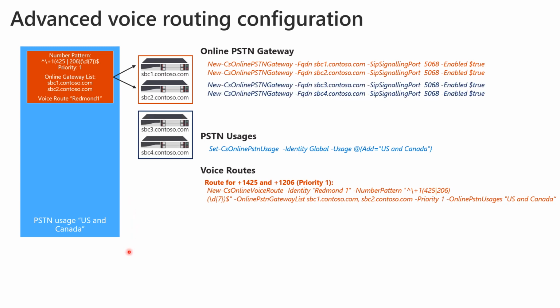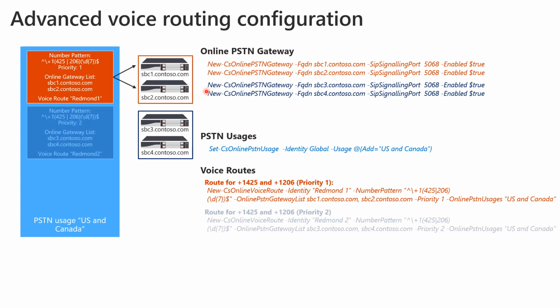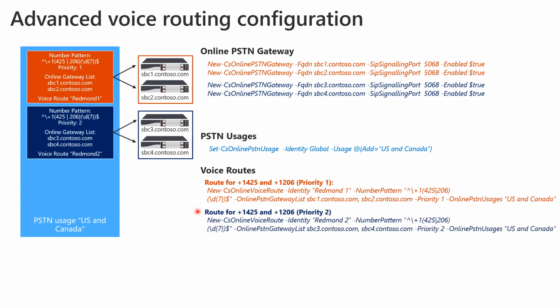I have another pair of SBCs, 3 and 4, that I added into the service. And I have a new voice route, New-CsOnlineVoiceRoute. This happens to be Redmond 2. Now you notice this has the same number pattern that we see for the first route, but notice what's different. Different set of gateways and different priority, right?